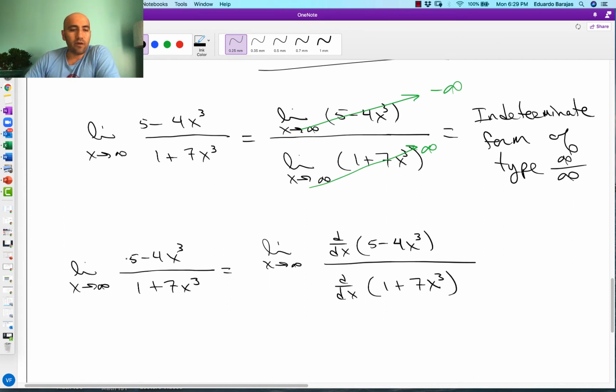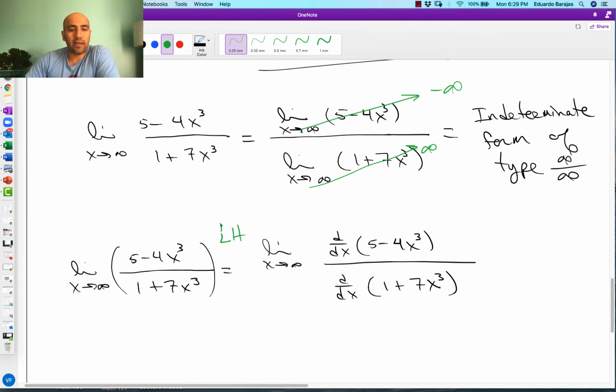The limit of the original ratio is equal to the limit of the ratio of these two derivatives. And that's where L'Hopital's rule is coming in.